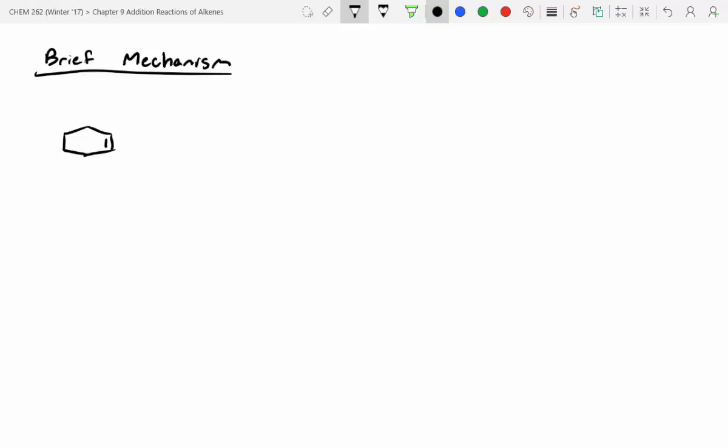So in step 1, we're going to treat this with MCPBA. And when you do this, you're going to form a cool functional group that we're going to spend a lot of time talking about later. This is referred to as an epoxide.